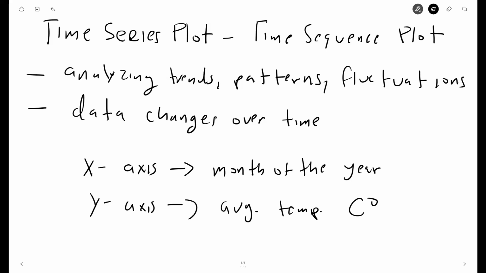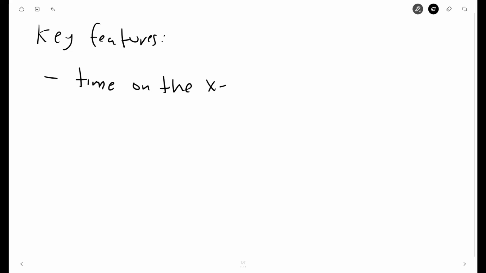So what are the key features of a time series plot? Time on the x-axis: the time intervals are evenly spaced, such as days, months, or years.